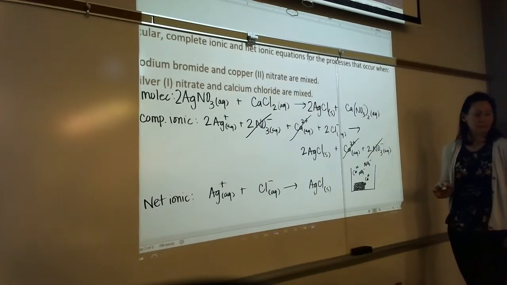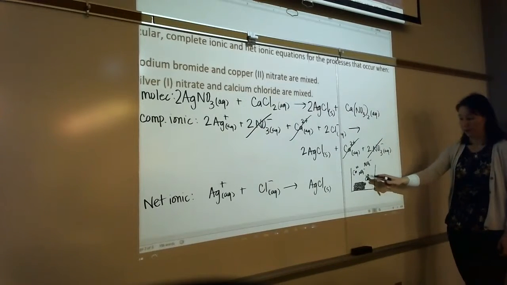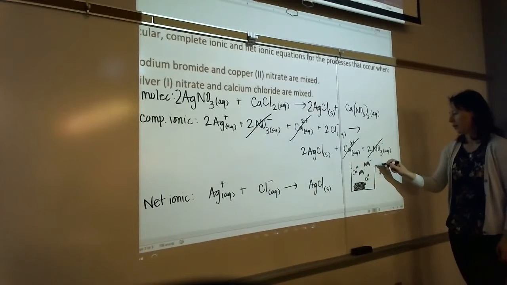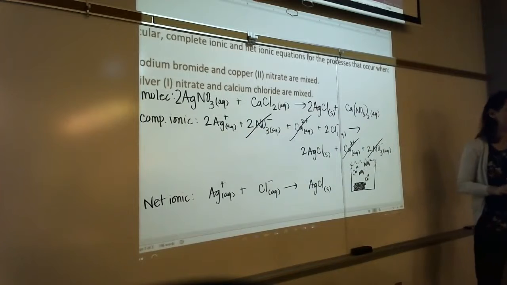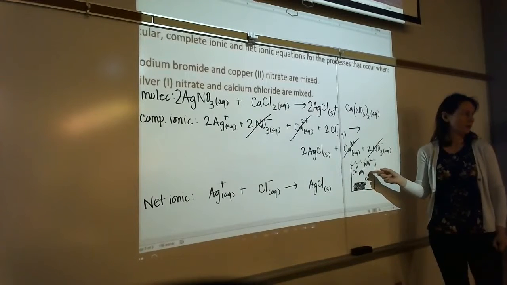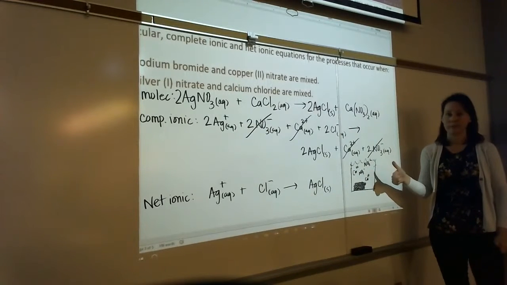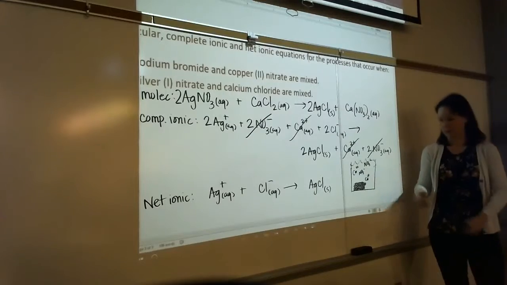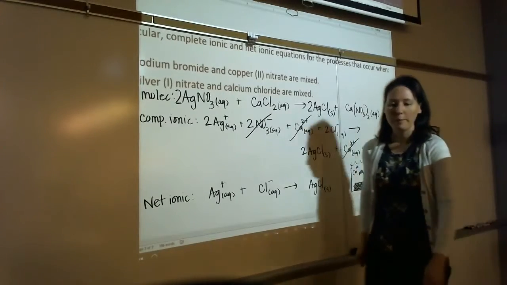There's your solid that you formed, and then the rest is just floating around. Does that make sense? So if I said, what are the spectators, you would say Ca2+ and NO3-. Make sense? Makes sense.